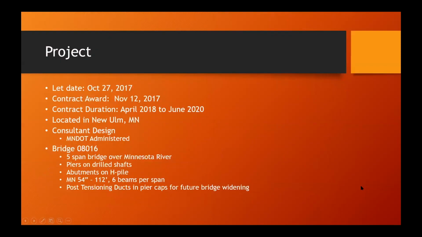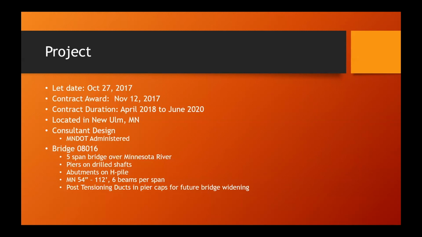On this project, it was let on October 27th, with a contract duration from April of 2018 to June of 2020, in New Ulm, Minnesota. It was a consultant design project, MnDOT administered. The bridge number is 08016. It's a 5-span river bridge over the Minnesota River. The piers are on drilled shafts, the abutments are on H-piles, and it has 54-inch by 112 beams.